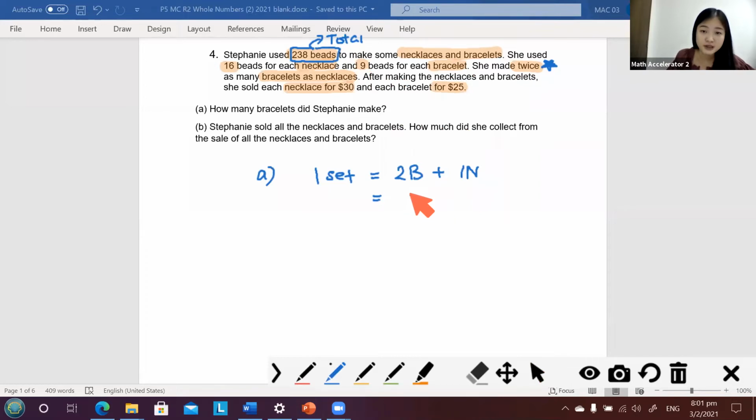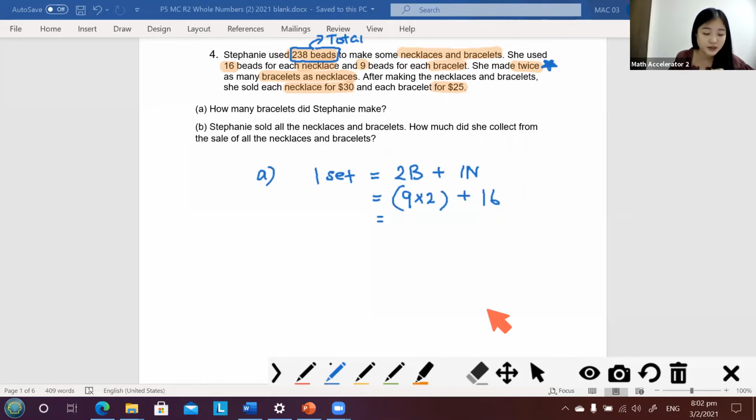So we'll take 9 times 2. Then you add it to 16 beads because one necklace has 16 beads. So now we're on our way already to find the value of the set.